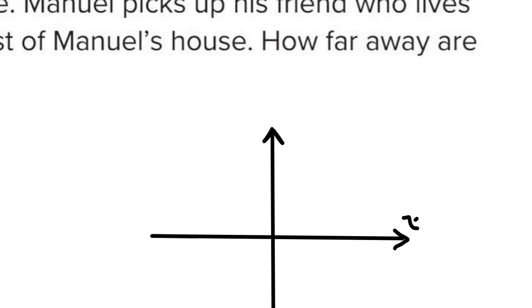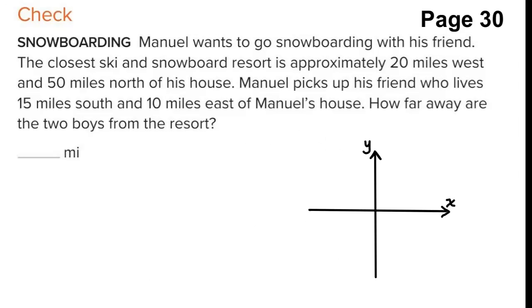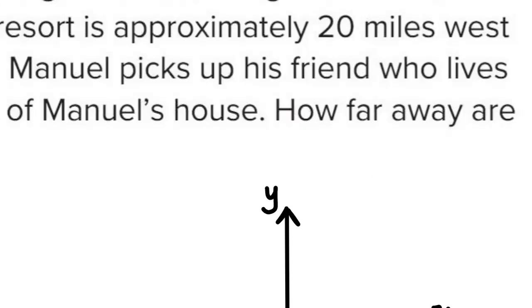All right, so here's my x-axis. Here's my y-axis. But they didn't give me directions with x and y. They give me directions with north, south, east, and west. Where's north on this? Yep, top of the y-axis. Here's north. So where would south be? Down, bottom of the y-axis.